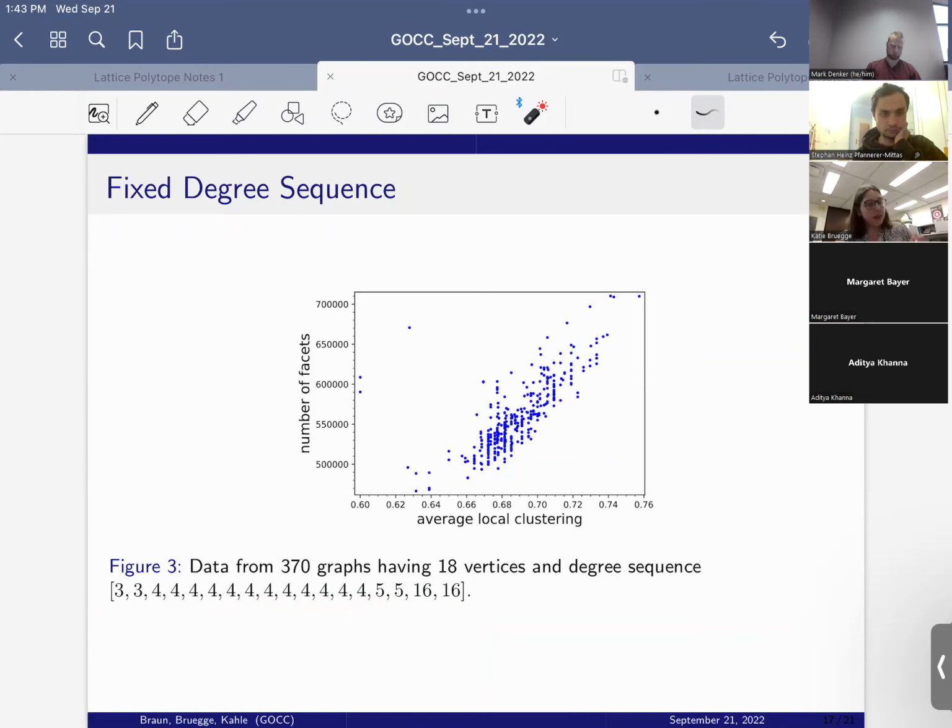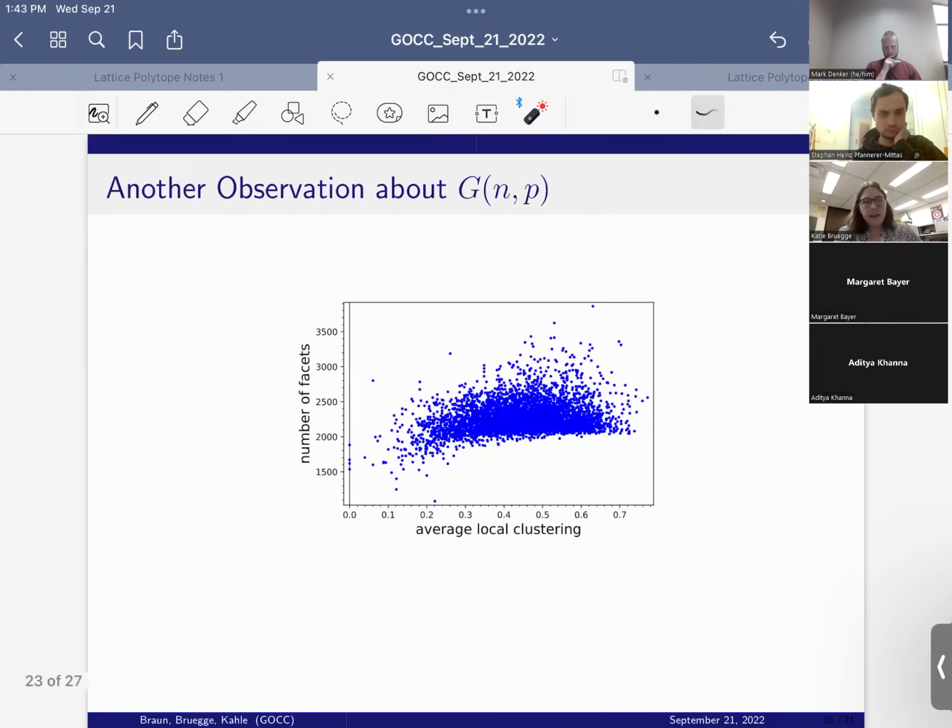But there was something interesting that we saw with G(n,p) that I did not mention before. Though there's not a major trend happening with clustering here, we do see that our sample seems to have an approximate lower bound.